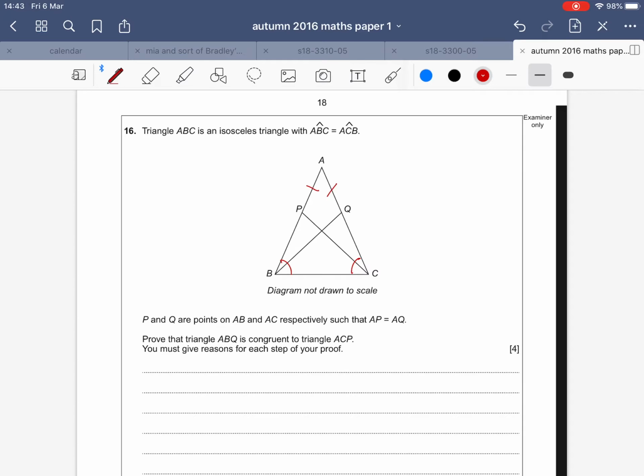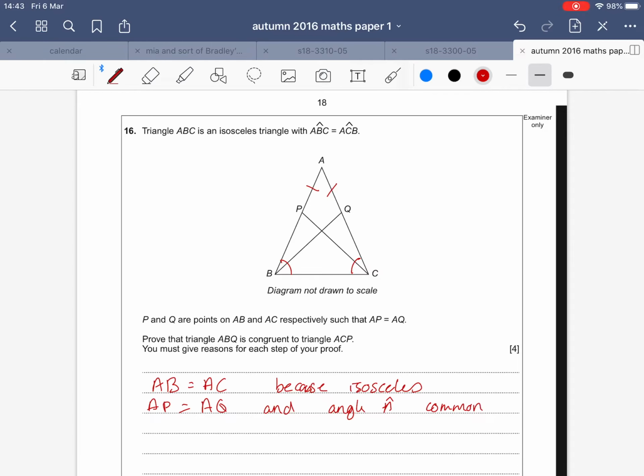So you would first state that AB is obviously equal to AC, because we've got an isosceles triangle. So this side, AC, is obviously equal to AB, because it's an isosceles. AP equals AQ, and therefore the angle A is the common angle.